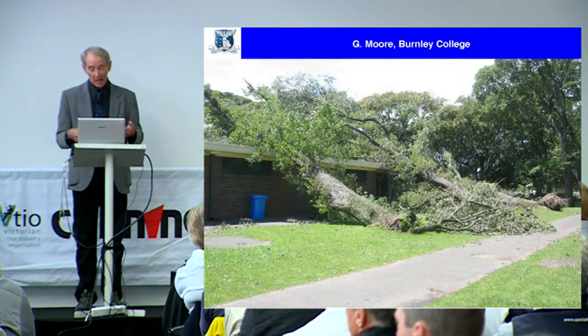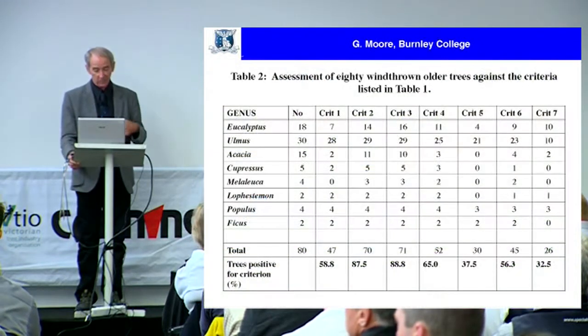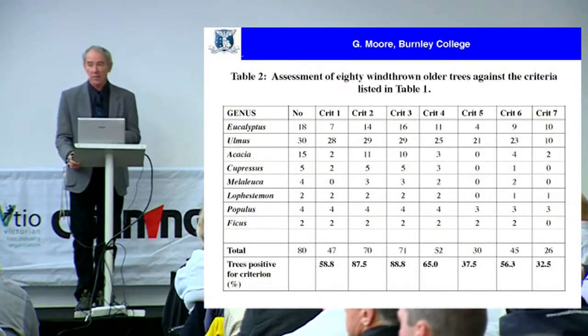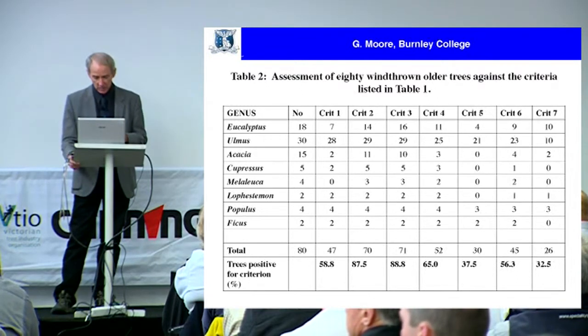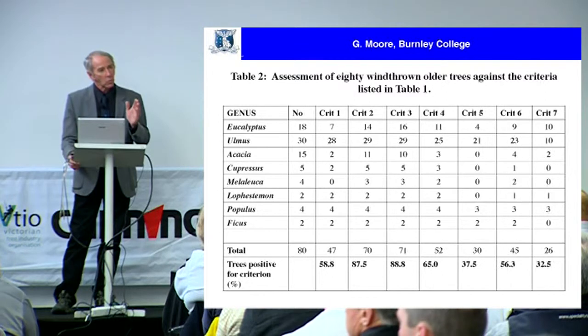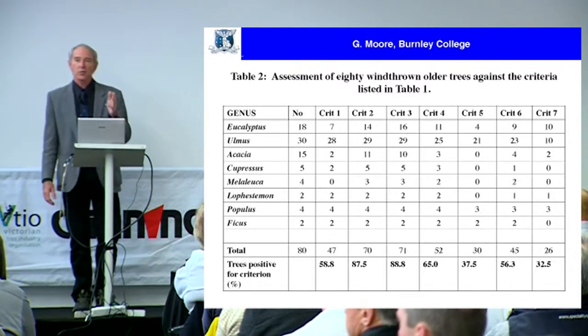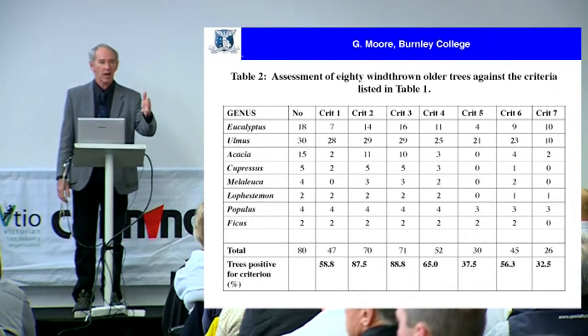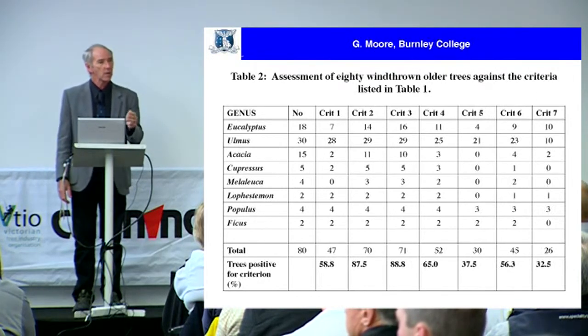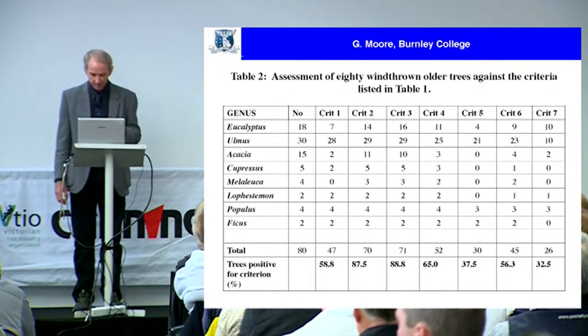And so we went and had a fairly detailed look at this, and we've got some data that I've published already, and you can have this whenever you want it. So what did we find here? Very often, the storm is the trigger of the failure, but management has contributed over a long period of time.